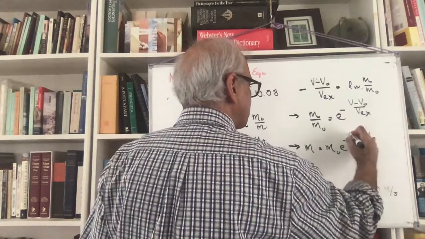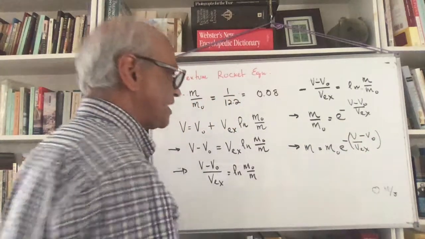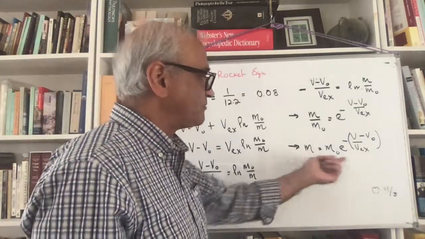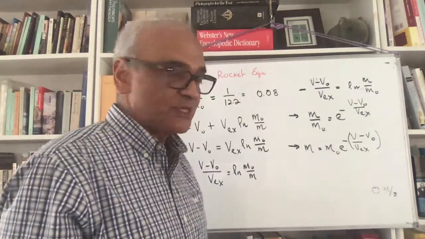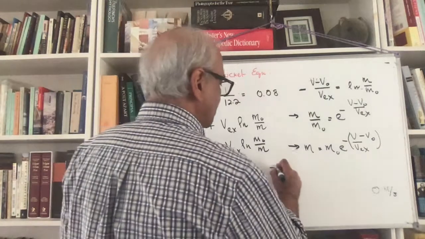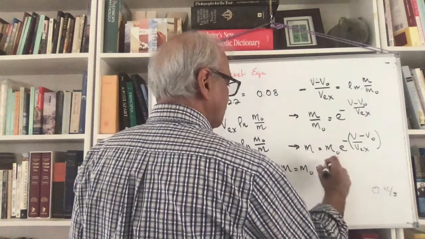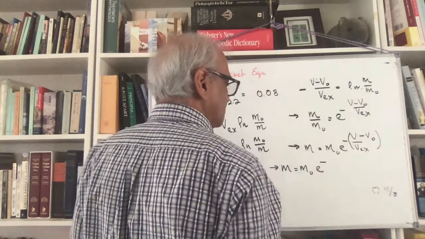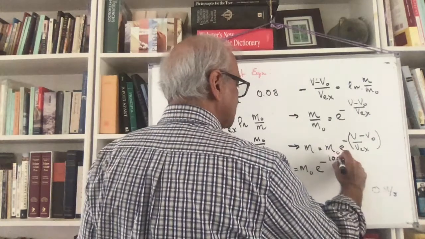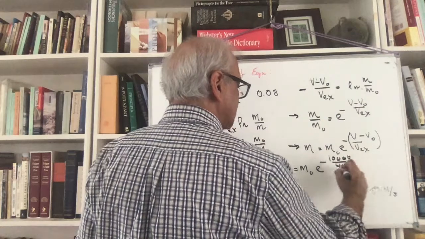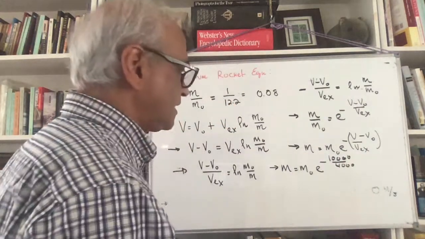We're saying the same thing, but now you have an exponential form of that. So this gives whatever mass will be left behind. And remember what we wanted: we wanted to go up to 10,000 over 4,000, and we should be getting the same thing.